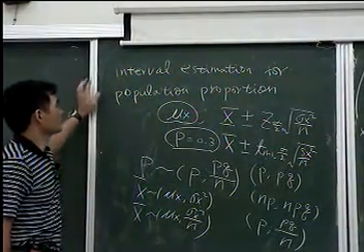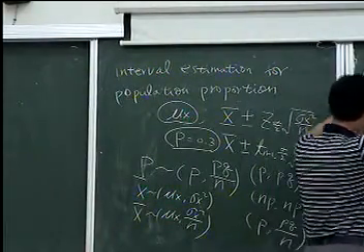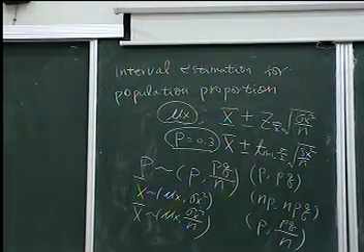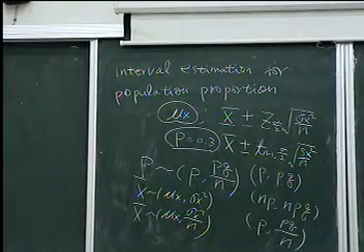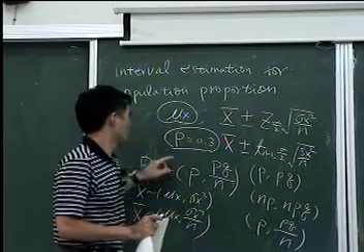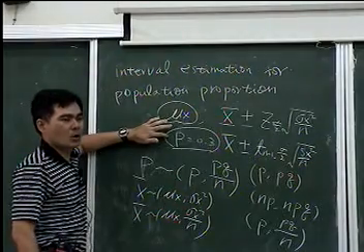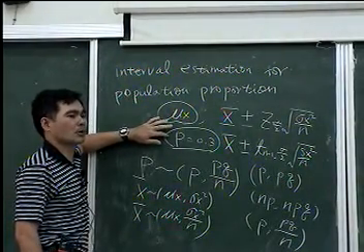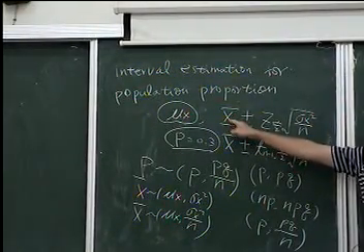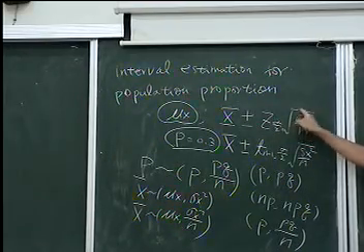So then to estimate the population proportion, what are the formulas? Let us say the true population proportion is p, and the sample proportion is p prime. So for mu x, there will be x bar plus minus z alpha over 2 times this.